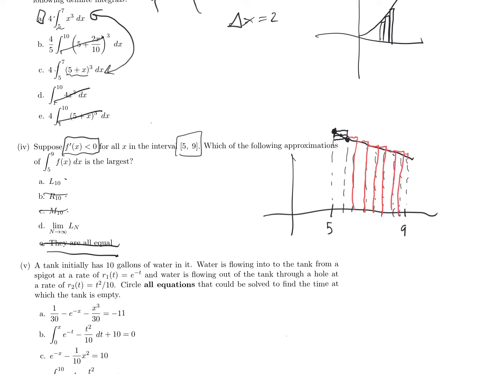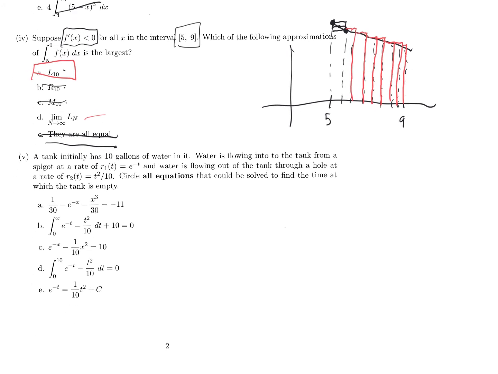And if you notice, my drawing is not perfect. Each of these rectangles, they kind of go over the thing. Right? That means that L10 is an over approximation of the actual integral. So L10 will be bigger than the limit as n approaches infinity of the left-hand rule.